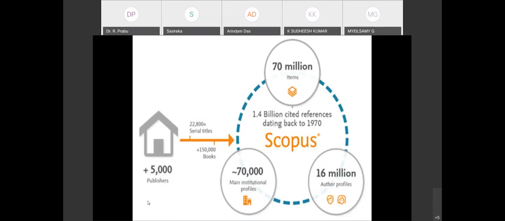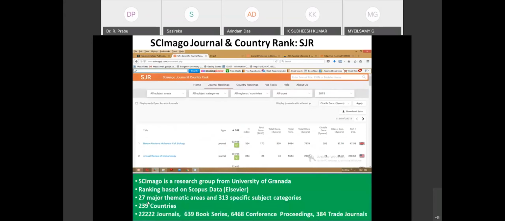It consists of more than 5,000 publishers, maintains 70,000 institutional profiles, and more than 16 million author profiles. It has more than 150,000 books also available in the Scopus databases.